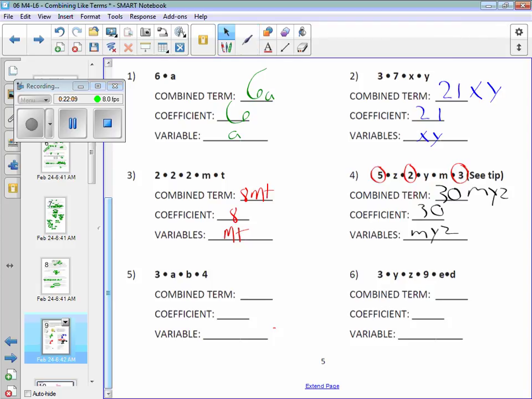Who wants to come up and do 5? Amanda Johnson. And she gets style points for doing alphabetical order. Perfect. Give her a round of applause.